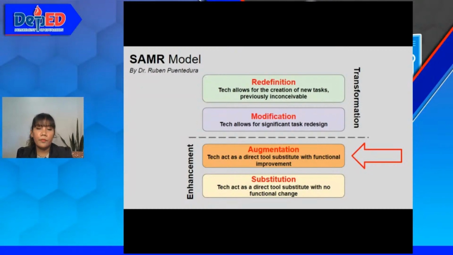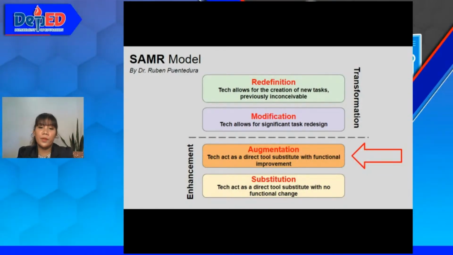Next, in order for learning truly to be enhanced, teachers must rise to the final two levels. At the modification level, technology is used to design interactive and dynamic tasks that go beyond the limitations of a traditional classroom. Next is redefinition.